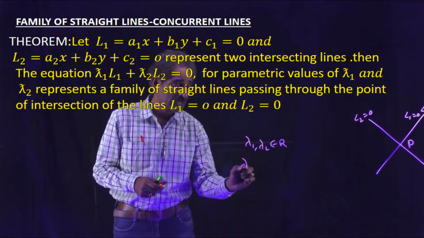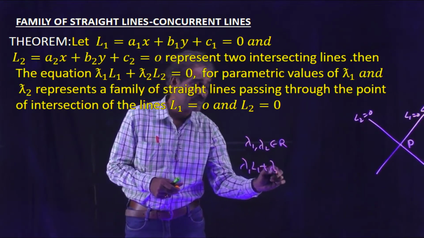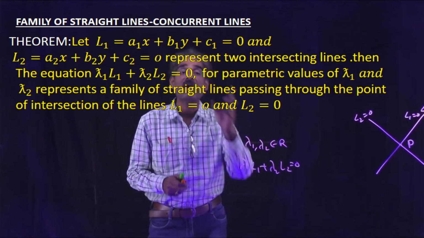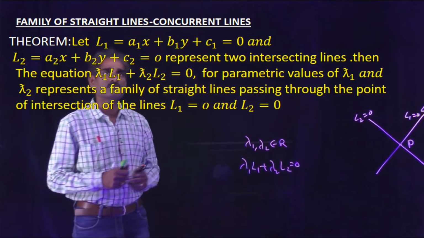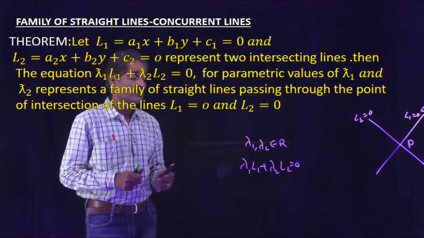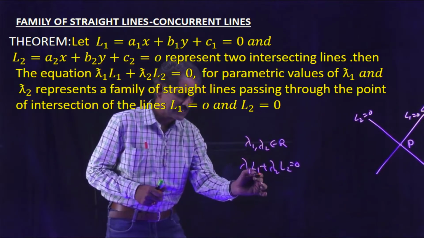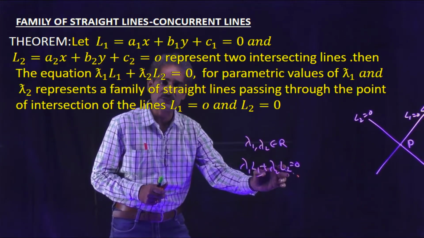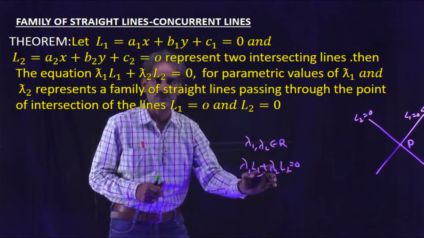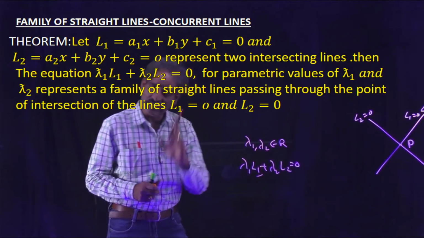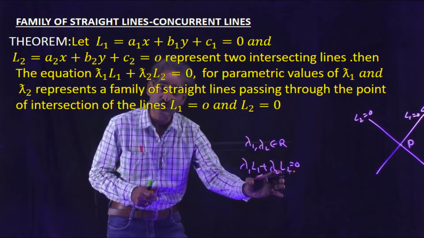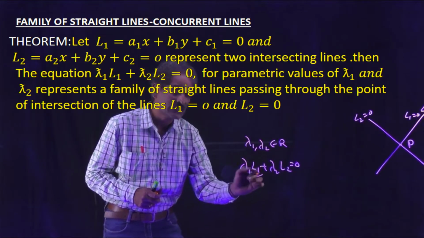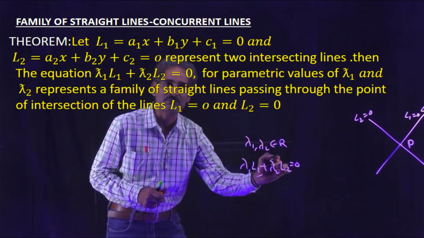Then lambda 1 L1 plus lambda 2 L2 equal 0 represents a family of lines. Clearly observe that L1 is a first degree equation in x and y, L2 is also a first degree equation in x and y, and these two are constants, so this also represents a line.